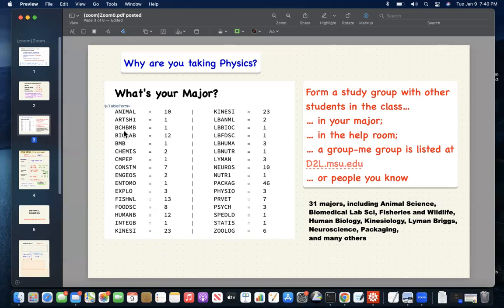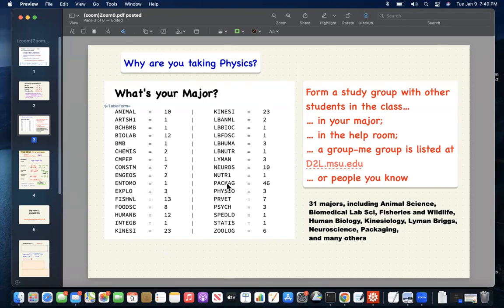So your major should be listed here, unless you added late. It will help you if you form a study group with other students. So we recommend that you study with other students in the class. For example, you could study with other students in your major. Let's take packaging.